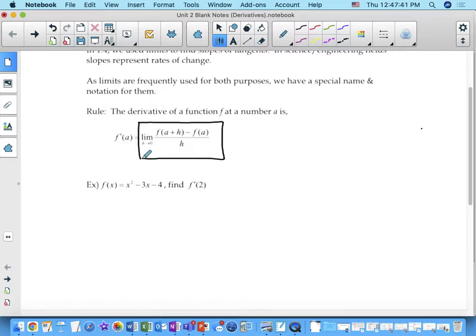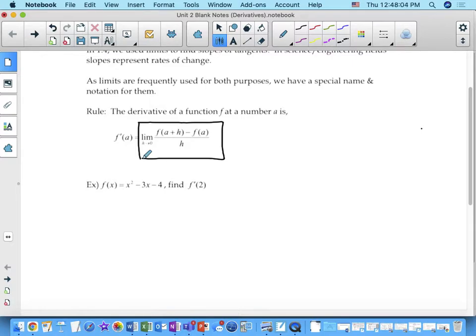Now, it turns out that slopes of tangent lines are super useful in the world because, as I mentioned at the very beginning of the course, the slope of a tangent line of a function tells us about the instantaneous rate of change of that function at that particular time.